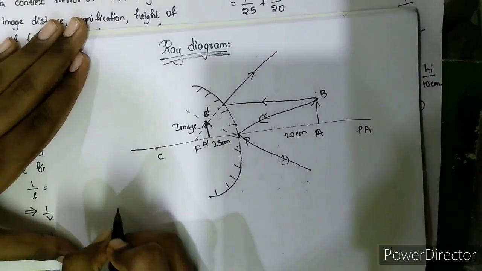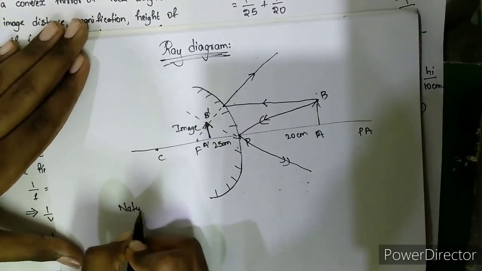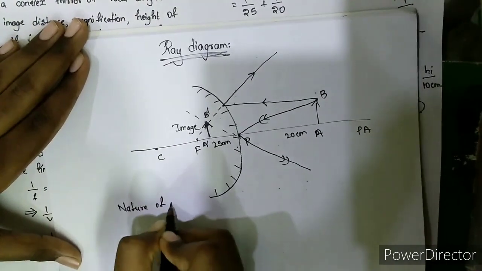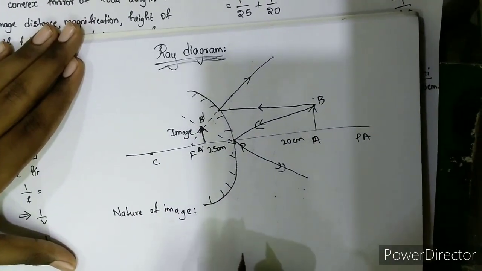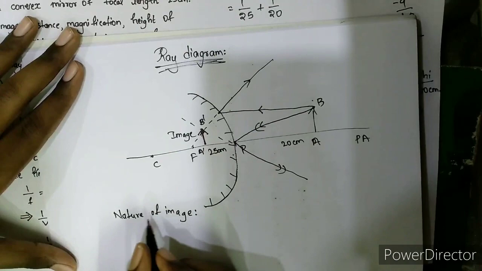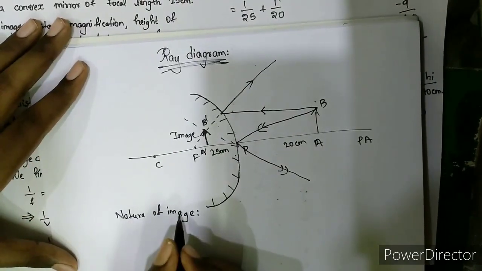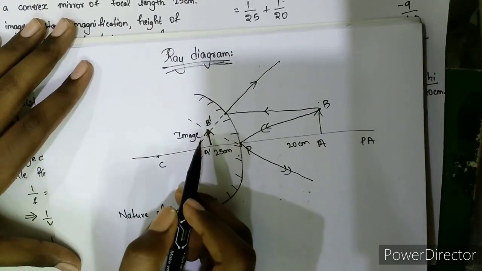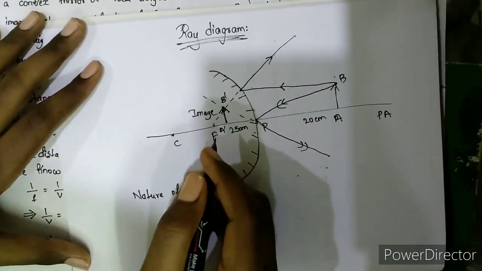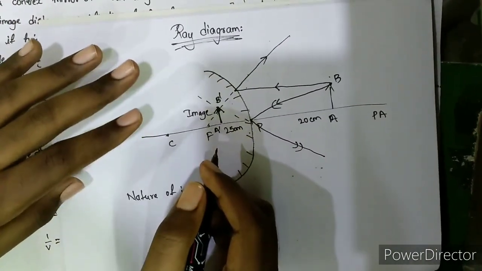Now, the nature of the image. Friends, in examinations they will ask to write the nature of the image. We might simply write that the image is erect and virtual, but we should not write like that. There are 4 characteristics of an image.